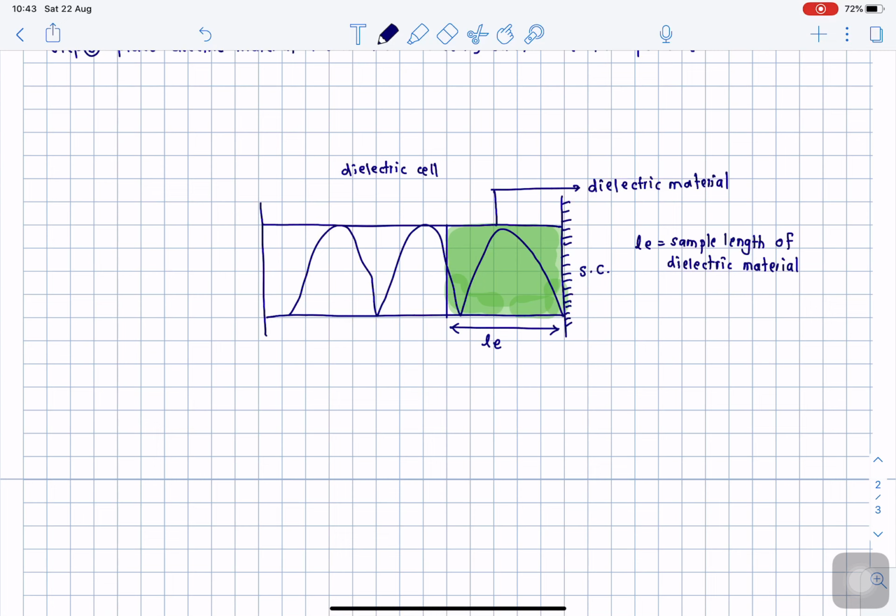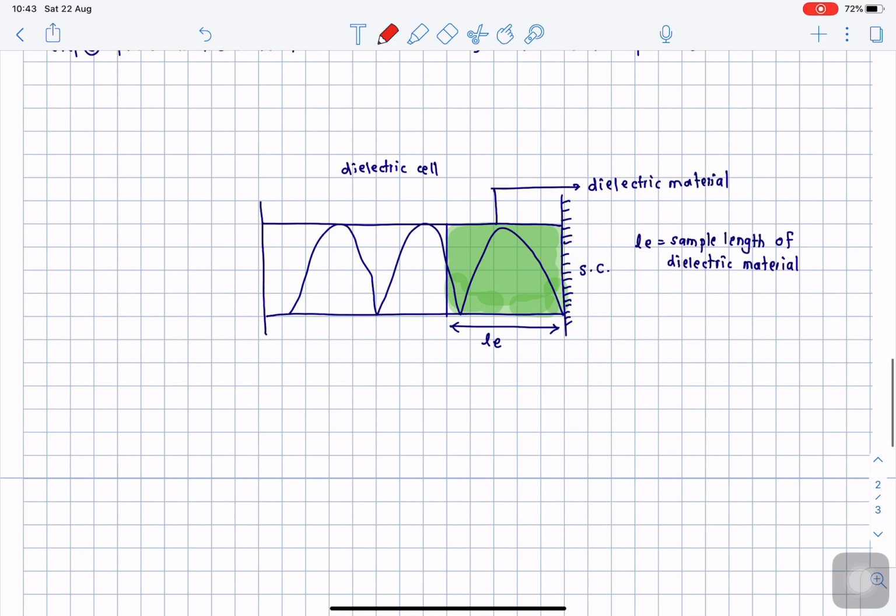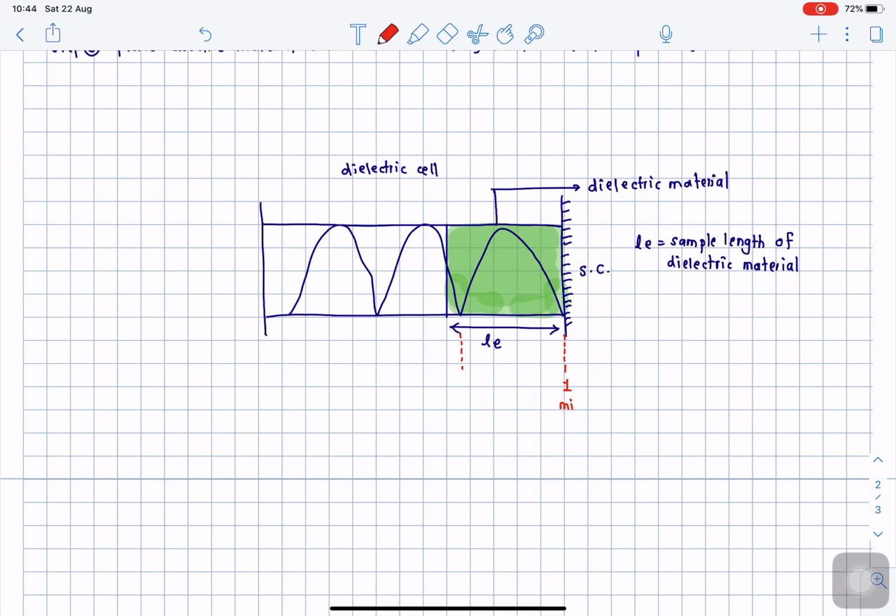Now here we need to measure the guide wavelength in the portion where we are getting the two minima. This is position number 1, where we get zero voltage, the first minima, and this is the second position where we get the second minima.